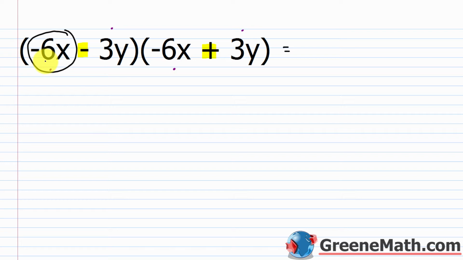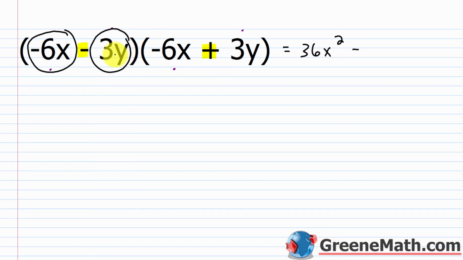So I would square that. So if I squared negative 6x, it would look like this. So that negative is inside the parentheses, so it's basically negative 1 squared, which is 1. 6 is squared. 6 squared is 36. And x is squared. X squared is just x squared. So this is 36x squared. Then I'm subtracting away what is in the second position here.